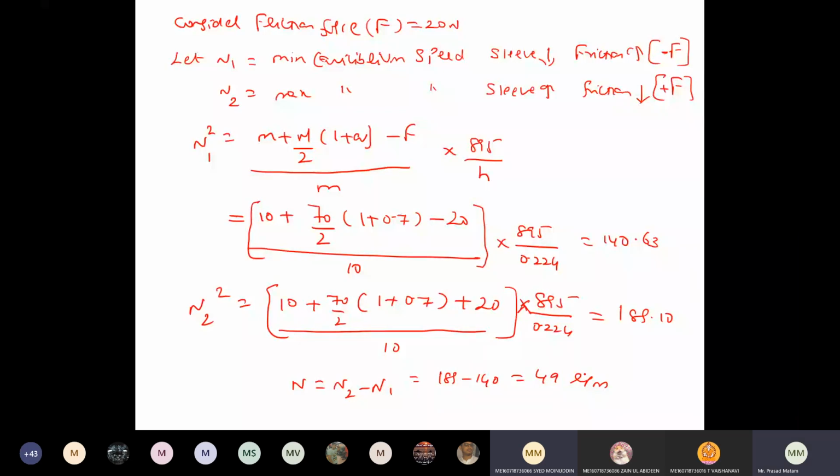Okay. Just let me do this another method. How much am I getting? I am having one more method for this. This is how we can solve. Let us use this equation. N1 square is equal to, so I will write with the W. W plus W is mg.